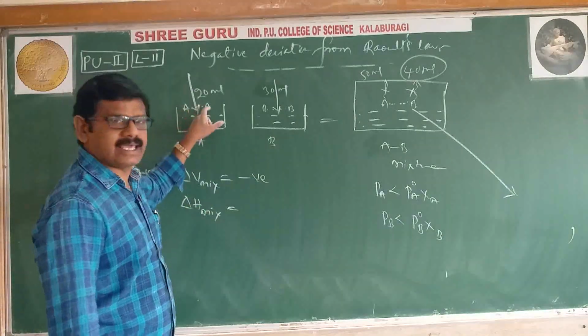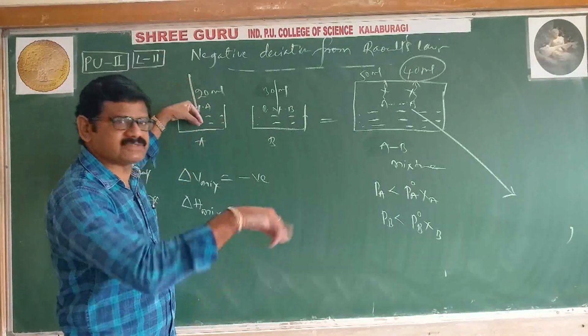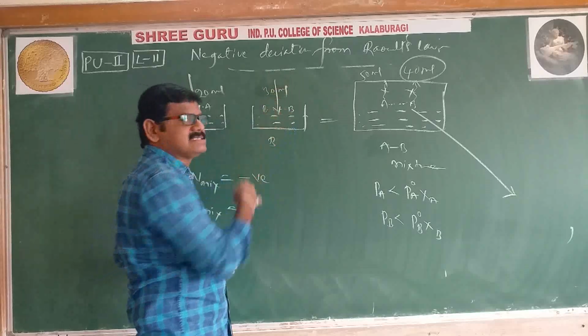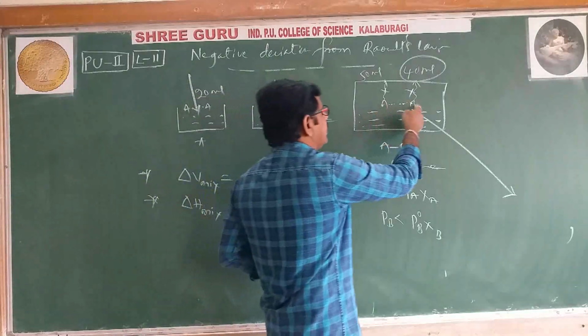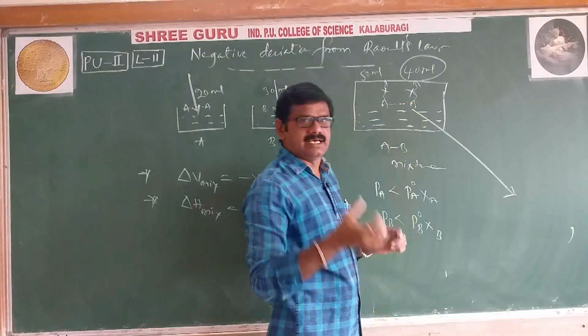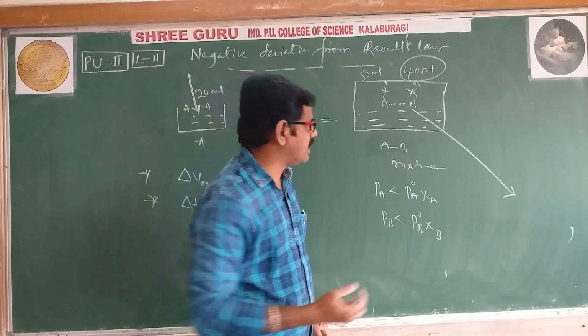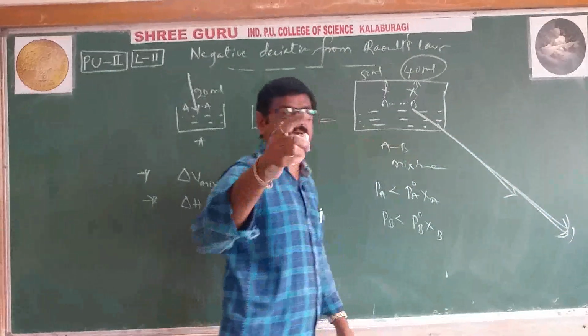Between A and A, attractions are very less, so the energy required is very less. Between B and B also, attractions are less, so energy required is less. But between A and B, a strong bond has formed. When a strong bond has formed, the energy released is obviously higher.